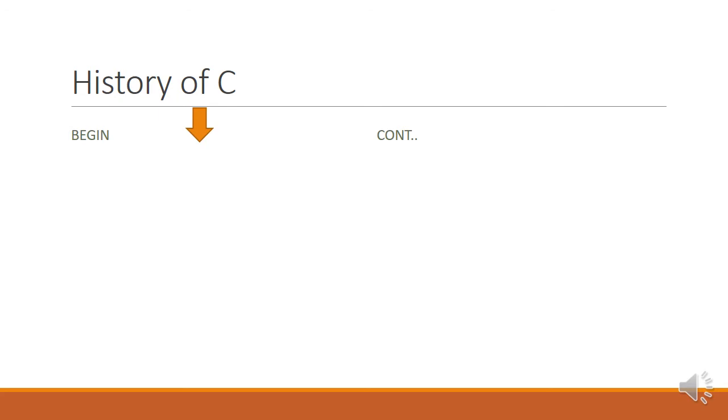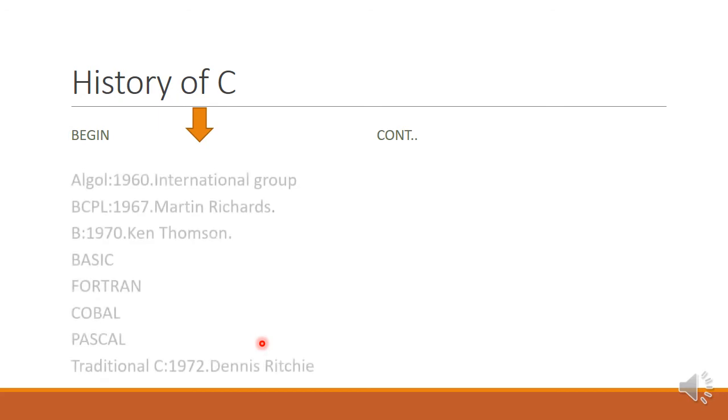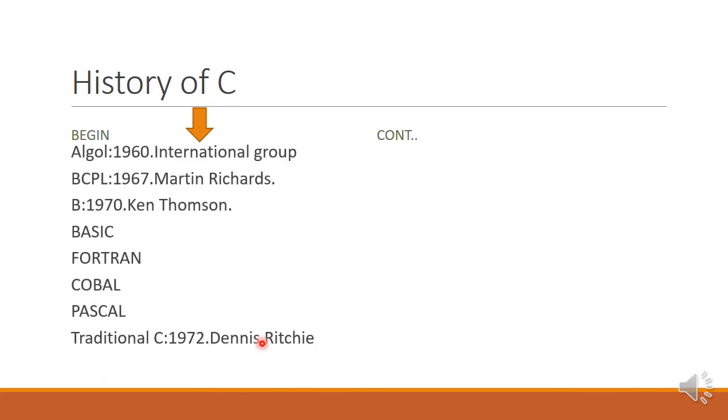Now let us look at a little bit of history of C. Whenever we are studying C programming, it is good to know a little bit of its history. In 1960, a language called Algol was invented by international groups.